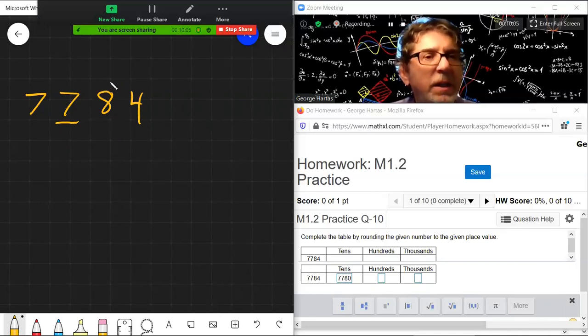This 8 is greater than 5. So if this number is 5 or more, we add 1 to this. So 1 plus 7 is 8. Bring down the 8, then you've rounded it up. Any digit to the left of the underline comes down the way it is. Any digit to the right of the underline converts to zeros.